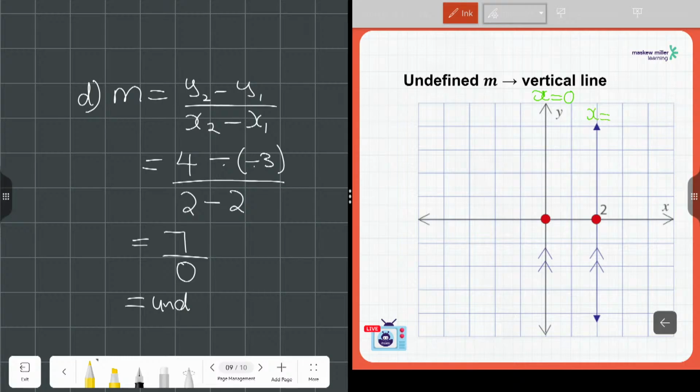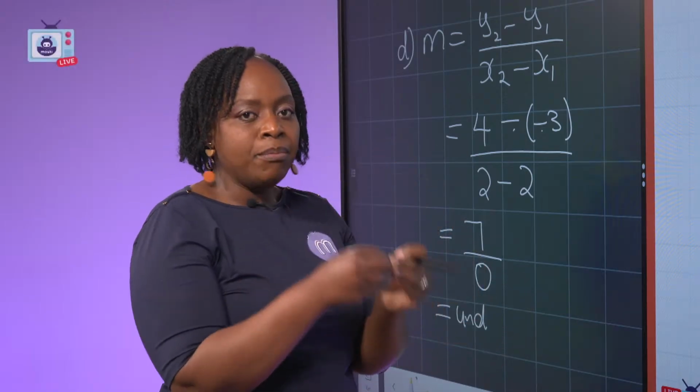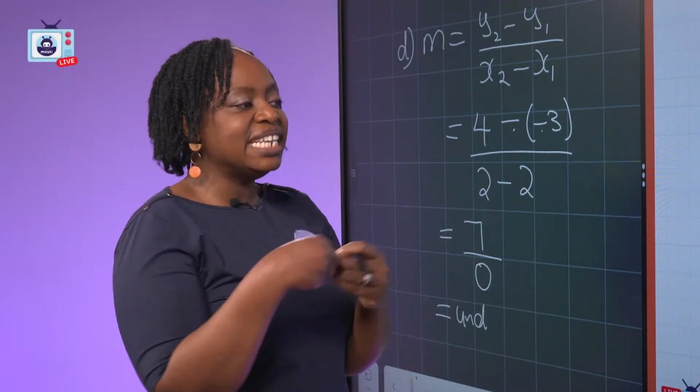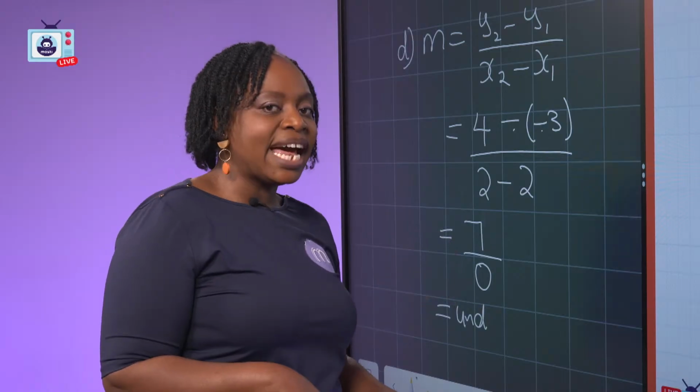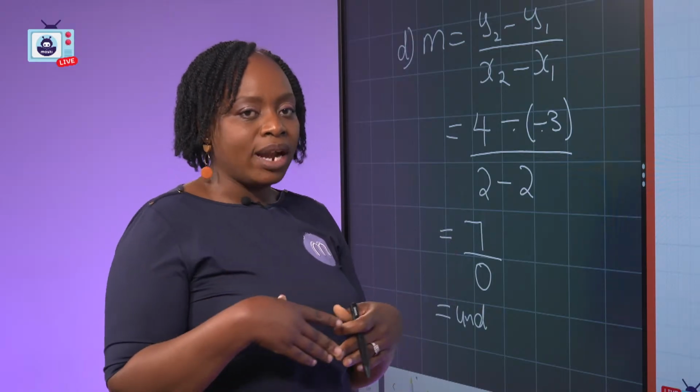In this case, our x will be equal to 2. But with this one, when it's a vertical line, then m is undefined. Gradient is undefined. When it's a horizontal line, the gradient equals 0.